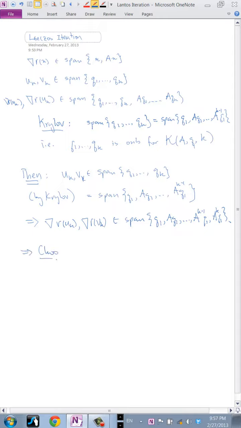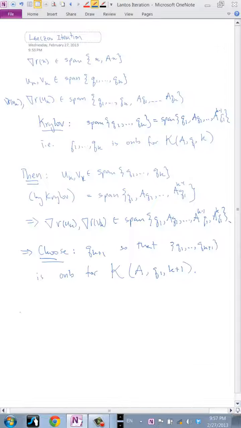So that means we want to choose q_{k+1} so that we continue to have this Krylov property, so that q_1 to q_{k+1} is an orthonormal basis for the Krylov subspace. And that is one of the key ideas here.